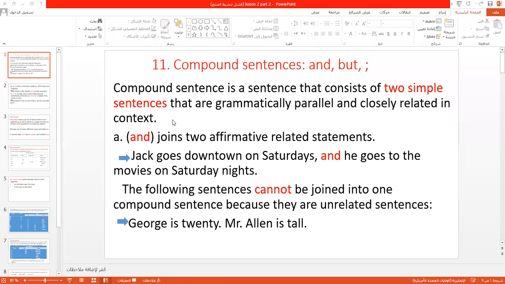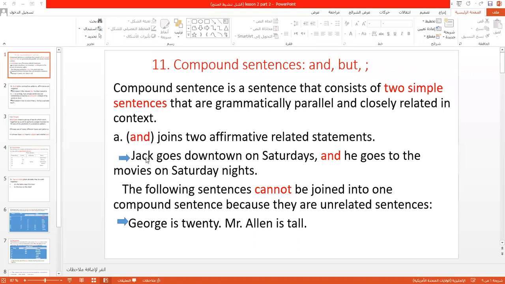Good. Of course, when we say a compound sentence is a sentence that consists of two simple sentences, these two simple sentences are joined by a connector or a conjunction, we call it. So here, for example, we have three conjunctions: and, but, and the semicolon. Look, and joins two affirmative, يعني في حالة الإيجاب, related statements.